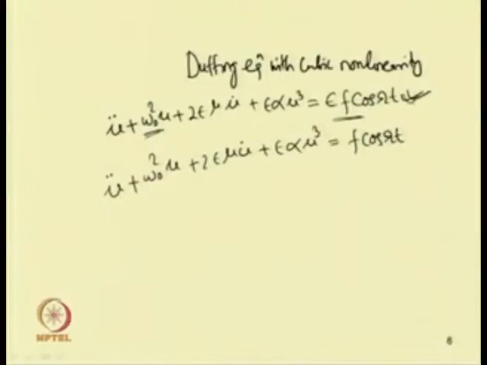We have studied only the principal parametric resonance in this case. But in the second case, the forcing term f cos omega t is of the same order as the linear term omega 0 square u.